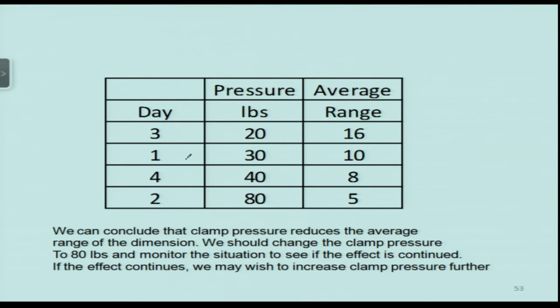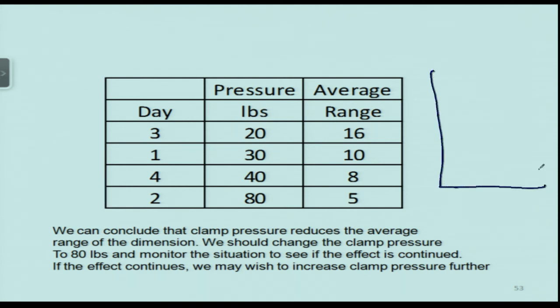The average on day number 1 when the pressure was 30 was 10. On day number 4 when the pressure was 40 it is 8, and on day number 2 when the pressure was 80 it is 5.